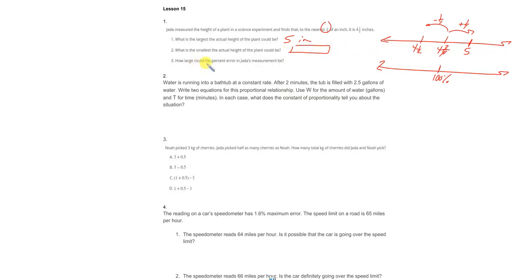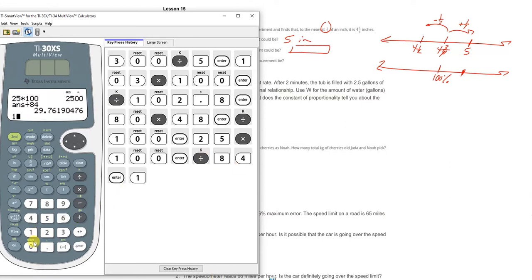And how large could the percent error be? Well, we need to find this by cross multiplying, dividing, and then subtracting it from 100. So we need to find out what percent this turns out to be. Let's multiply 100 times 5, and then divide by 4 3/4.